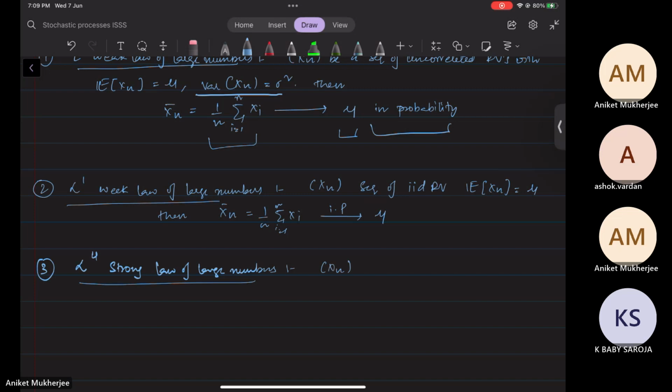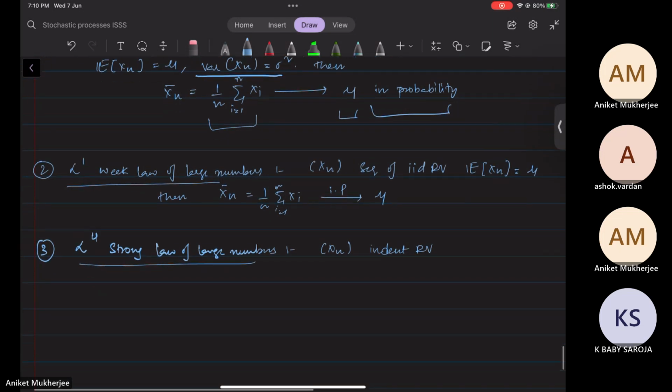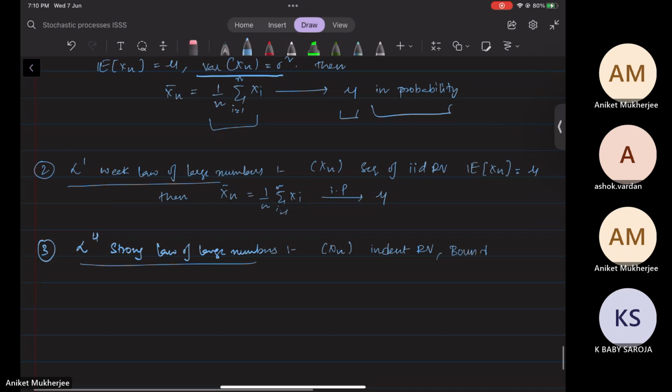Here you have Xn, independent random variables, need not be identical, with bounded fourth central moment, that is, sup of expectation of (Xn minus expectation Xn) whole power 4 is less than or equal to B, which is strictly less than infinity.